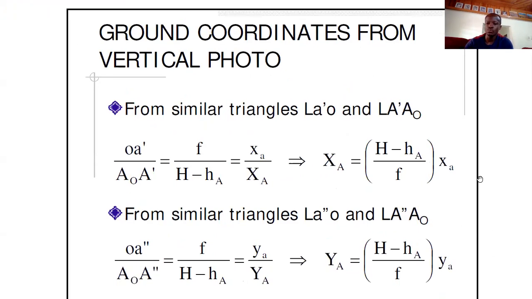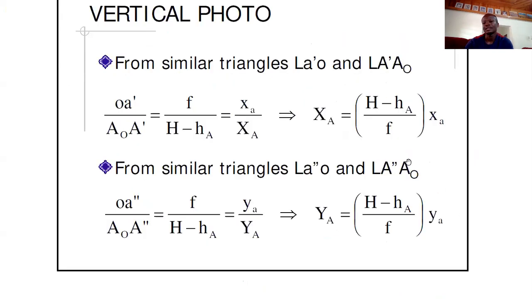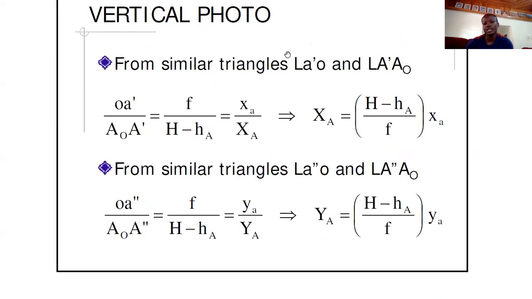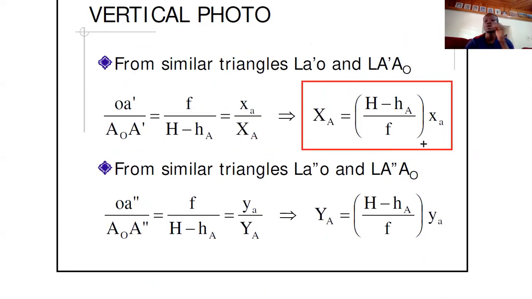We can prove that the ground coordinate has a relationship with the photo coordinates. If you look at this formula here, the small xa is a photo coordinate. HA is the height or elevation of a point A, of which you can have thousands, an infinite number. H is the flying height.